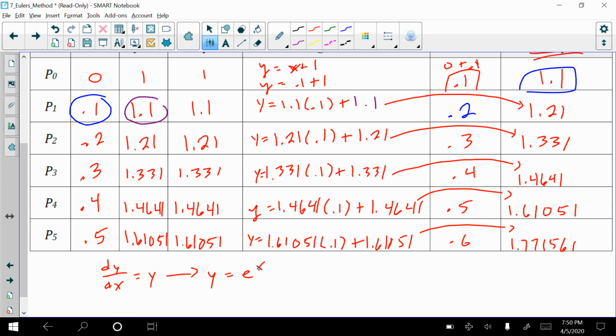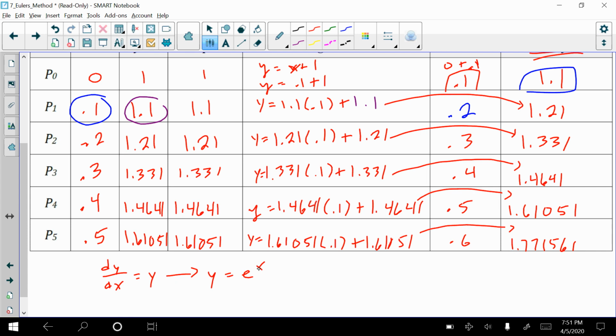That is the specific equation that the slope field would model. And if you type y is equal to e to the x power and look at the table of values of that function on your calculator, you're going to see that the numbers we were getting for the 0.1, 0.2, etc., the y values, are going to be close. They're not going to be the same, but they will be close. And that's essentially what we're doing with Euler's method.